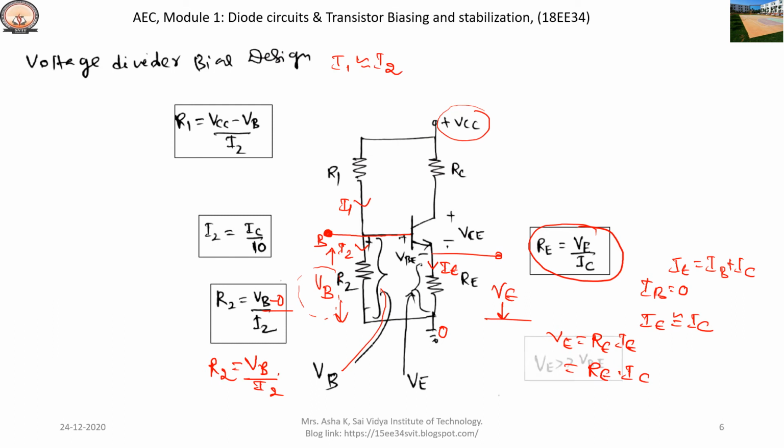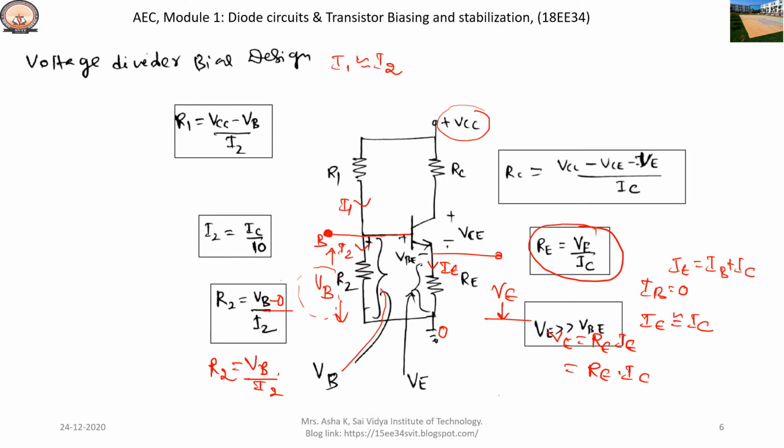Next, to find the value of the collector resistance RC. The collector resistance RC can be calculated by applying KVL to the output side of the circuit. That is, we have the voltage VCC minus IC into RC, minus the output voltage VCE, minus the emitter voltage, that is IE into RE, is equal to 0.